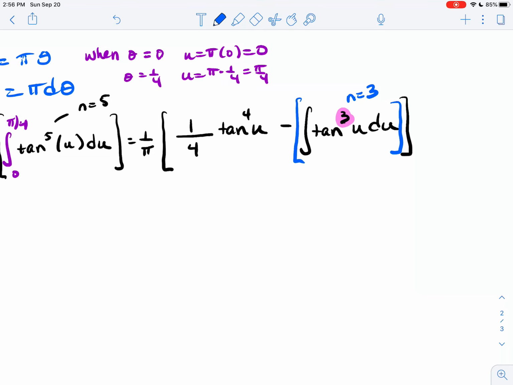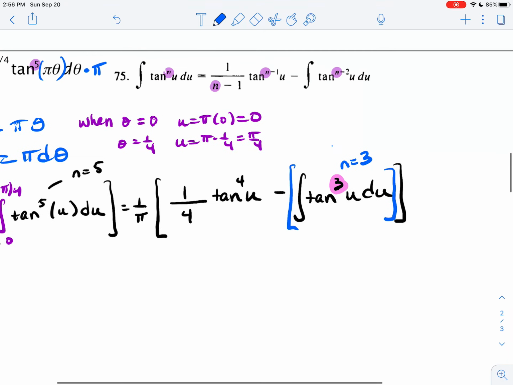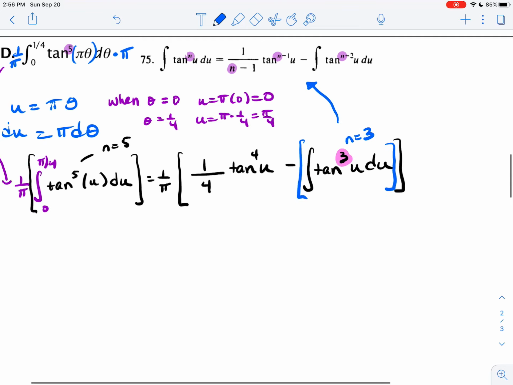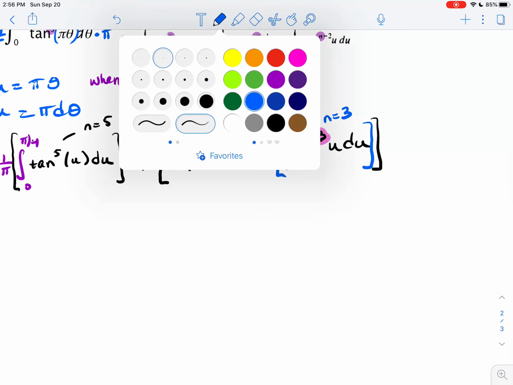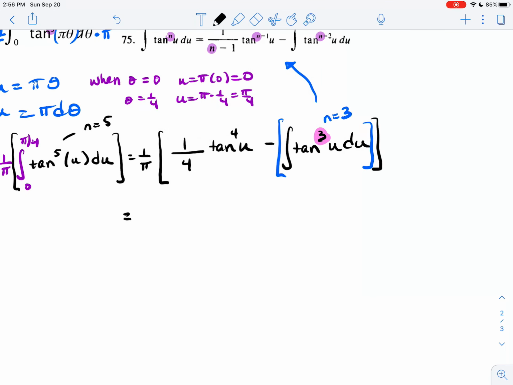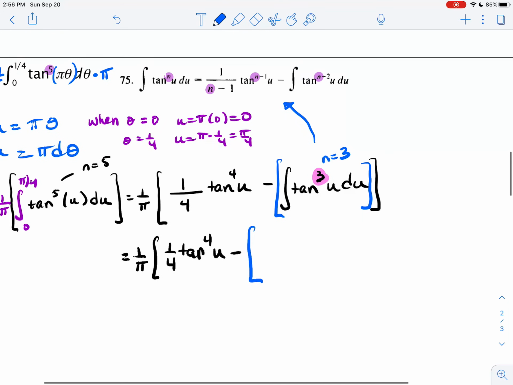Good. And so we want to, in this integral, use the same formula from above to calculate. So I'm going to keep my equal signs. I'm going to keep everything else in order. And I have 1 over pi times 1/4 tangent to the 4th of u minus, and I'm going to start replacing. Good.